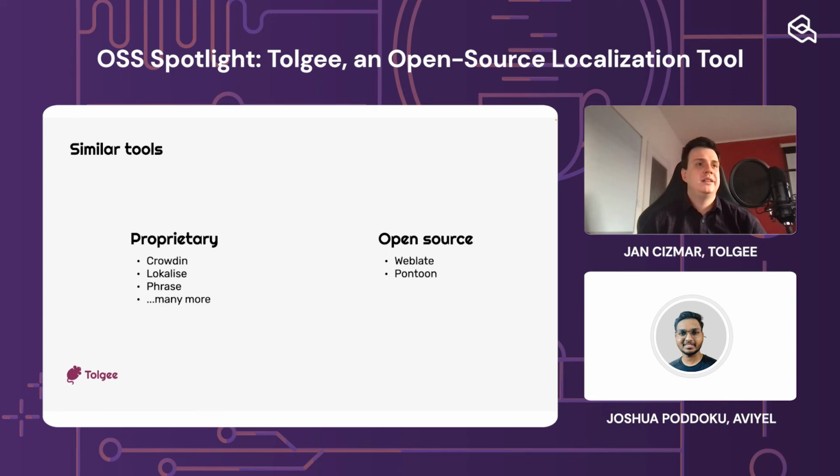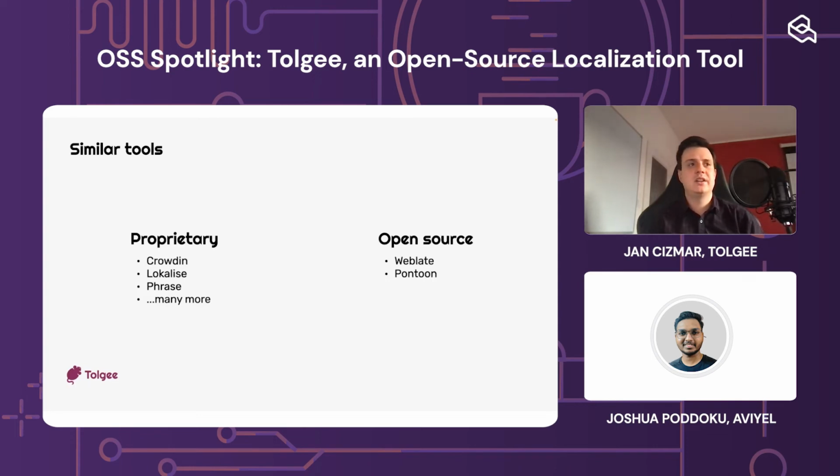We would like to be like GitLab. GitLab is open source, and many companies are using GitLab for their project management of Git projects. So we would like to create something like GitLab for localizations. And there are many more tools like Lokalise, Phrase, and others, but they are not targeting in-context localization that much.